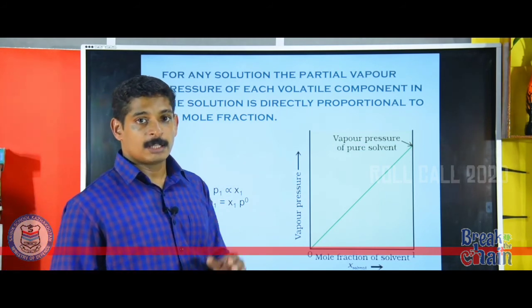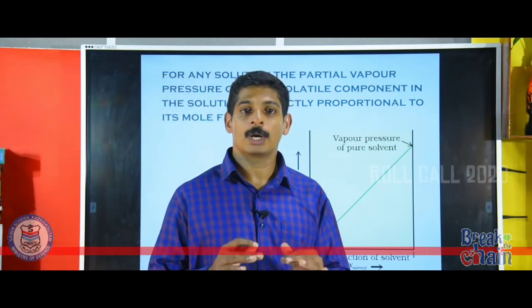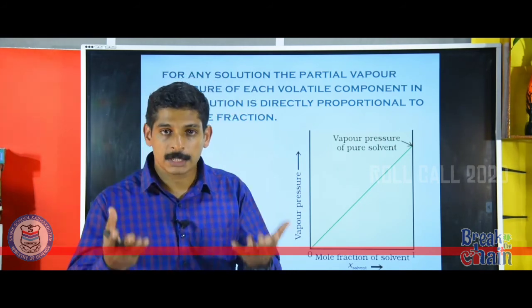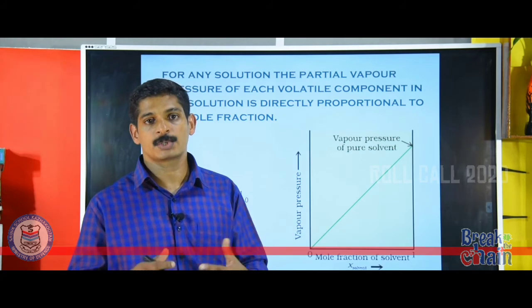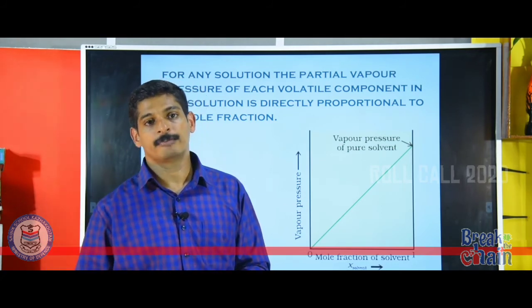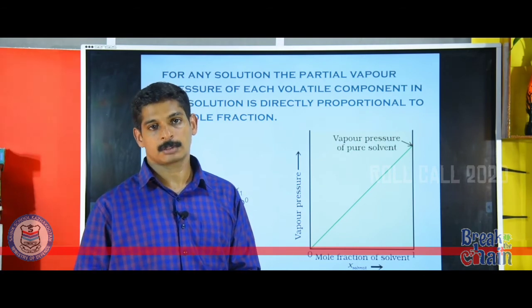That is, if you have a more volatile component and that volatile component is present in larger quantity, its mole fraction in the solution is quite large, definitely the vapor pressure of that component will also be large.